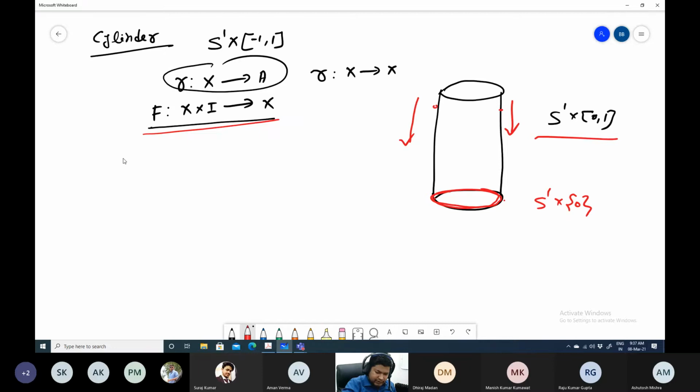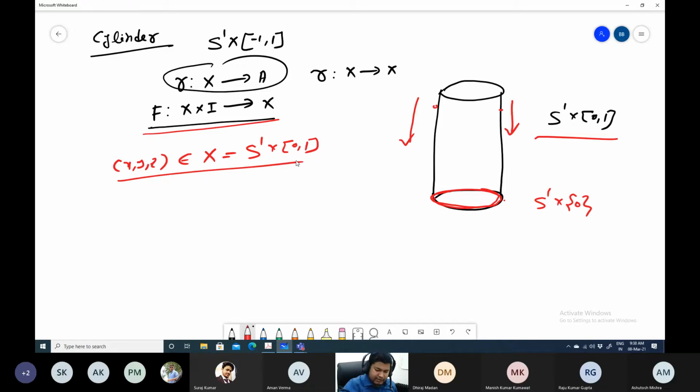So you can define it this way, say your (x, y, z) in X, where X means my S1 cross [0, 1]. Or, if you want, you can take x equal to cos 2 pi x, or instead of y you can write sine 2 pi y. That is also fine.